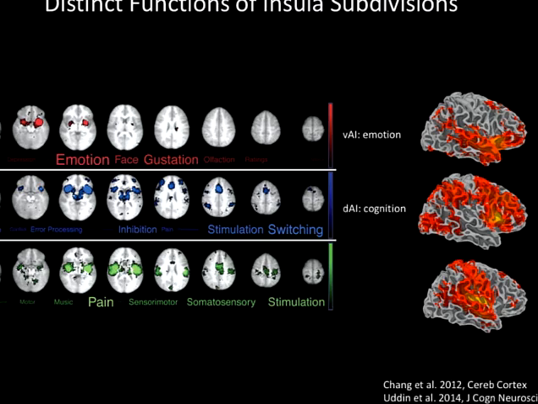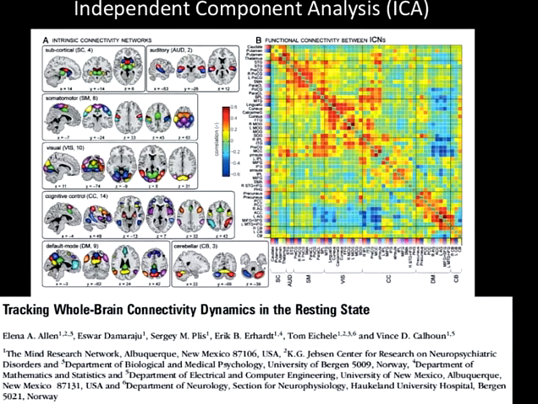If you look at the dorsal anterior insula, it tends to be more involved in those inhibition, sort of higher level switching, cognitive processes, and tends to co-activate with dorsolateral prefrontal cortex and parietal cortex. And if you look at what happens in the posterior subdivision, you tend to get the studies of pain, somatosensation, and things like that, and you tend to see co-activation in somatosensory cortices. So there's some kind of meaningful thing going on here when you describe the insula in 3 subdivisions. There may be more, like I said, but this is a place to start.